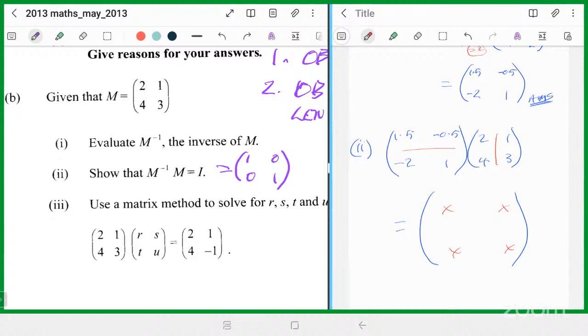To get the value in the first row, first column, multiply the first row by the first column.